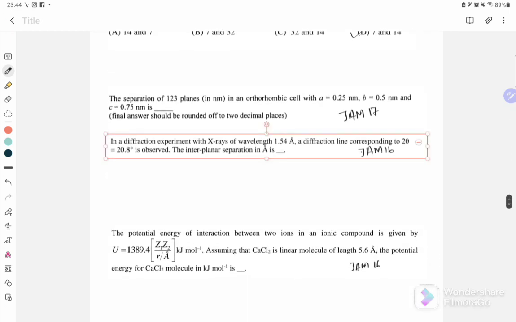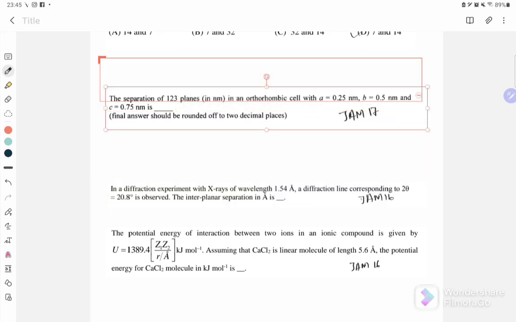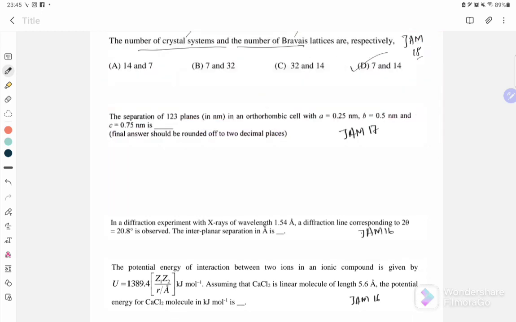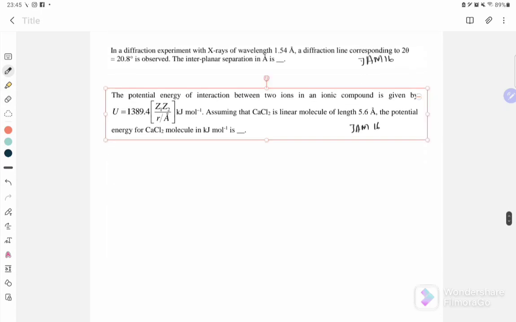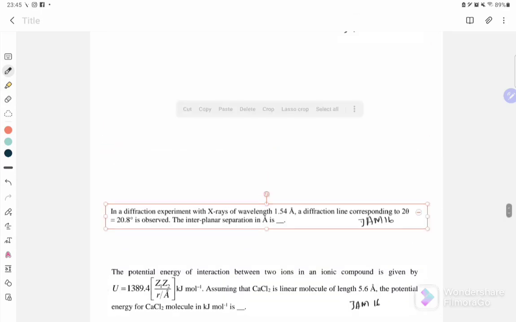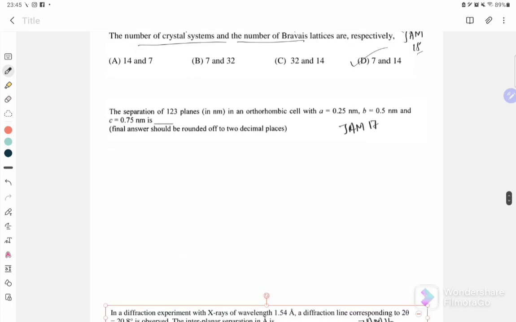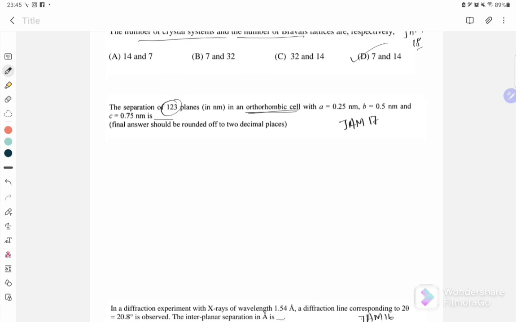Our next question came in JAM 17, the separation of the 1 2 3 plane, the HKL plane, in an orthorhombic cell. For the orthorhombic cell, a is not equal to b is not equal to c, but alpha is equal to beta is equal to gamma is equal to 90 degree.